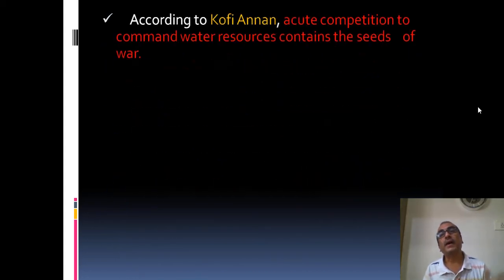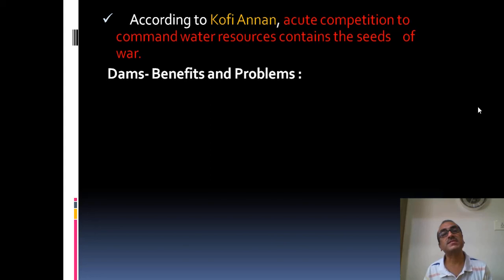According to Kofi Annan, acute competition to command water resources contains the seed of war. So very well said: the reason for wars in the future may be over water resources. Now let us take up the benefits and problems of dams.